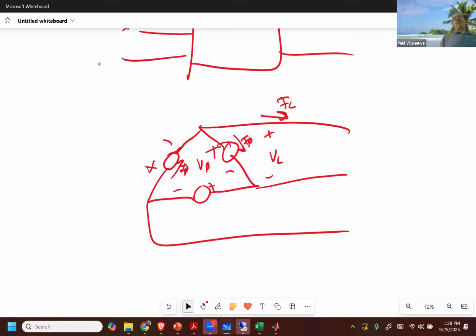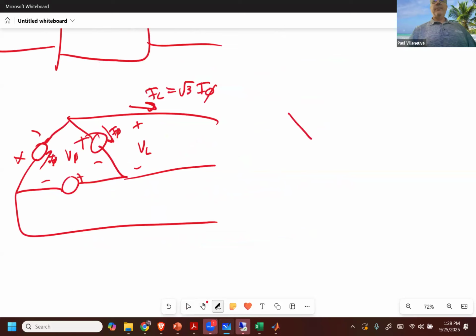What I can see is I've got KCL where I have 2 currents that are going in opposite directions, so they subtract each other. So I line, if you did the vector math, is equal to the square root of 3 times I phase. That's for a delta.